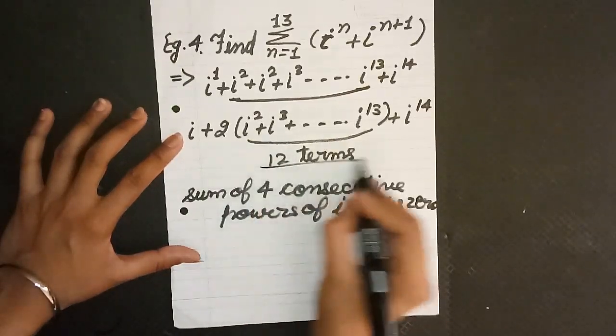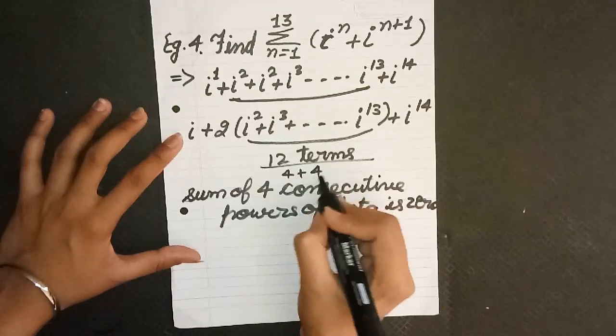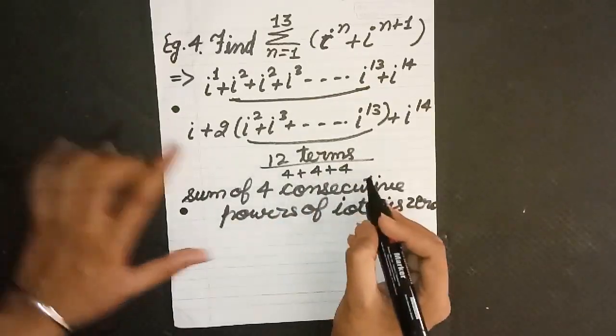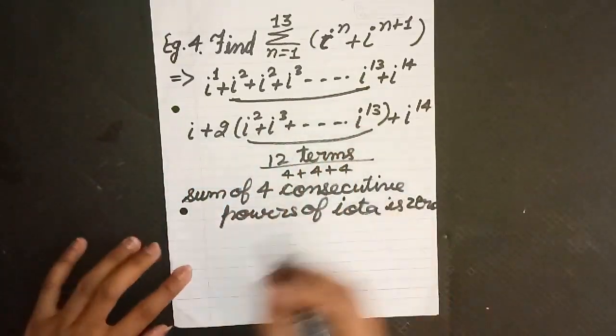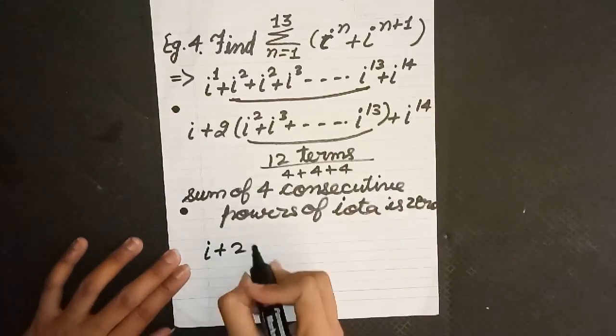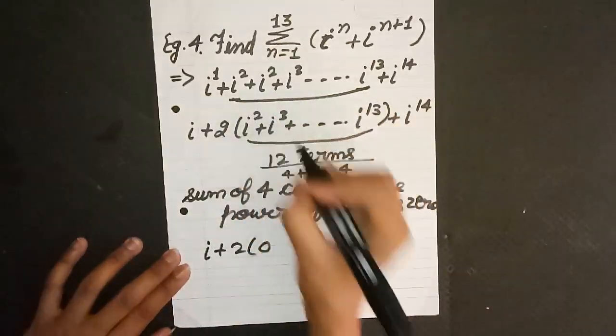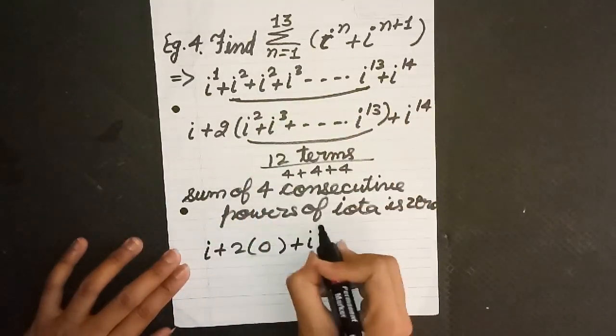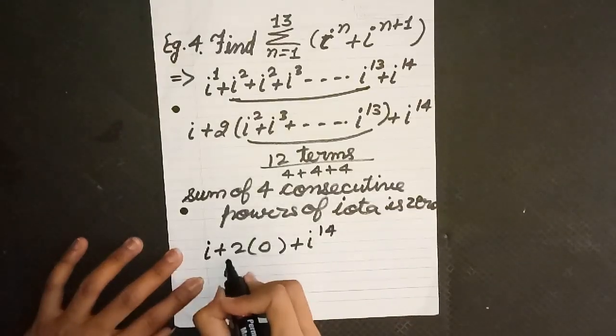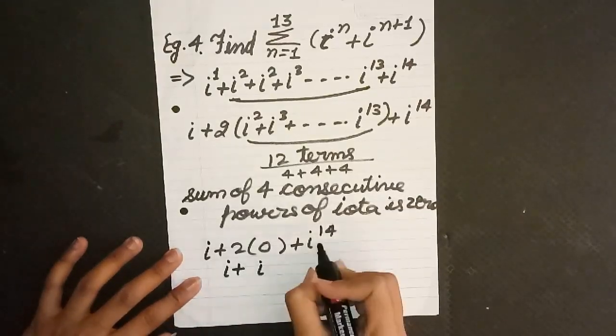Got it? Now you will see these are 0. So iota plus 2 multiplied by 0 plus iota raised to power 14, iota plus iota raised to power 14.